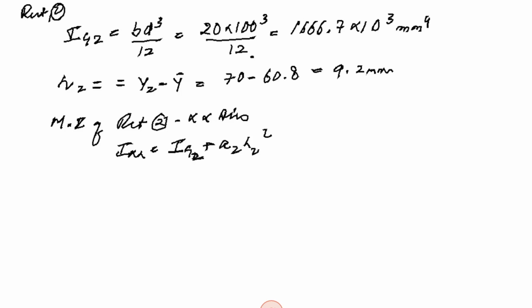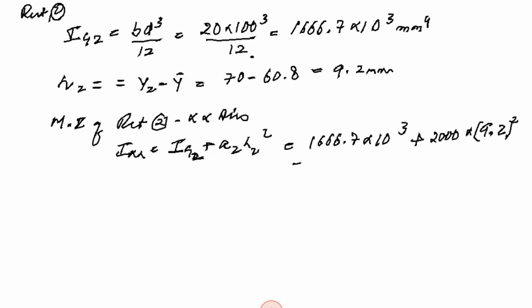Ig2 is 1666.7 into 10 raised to the power of 3 plus area, which is 2000, multiplied by 9.2 raised to the power of 2.